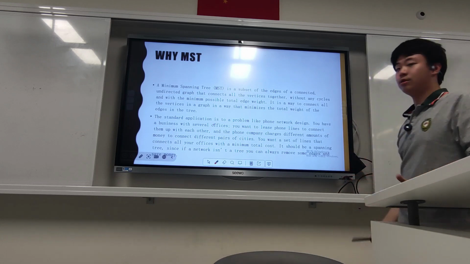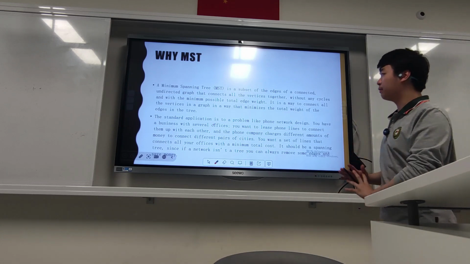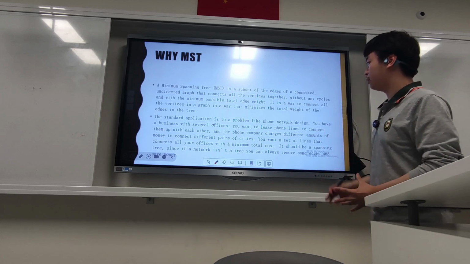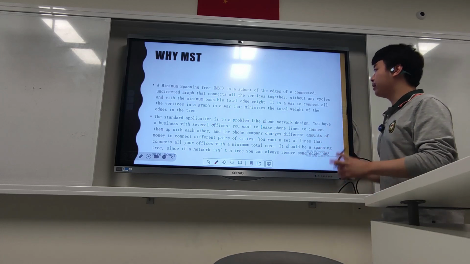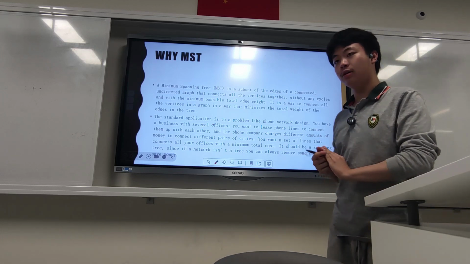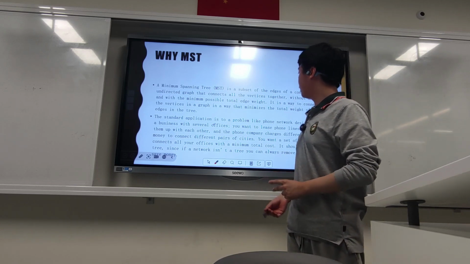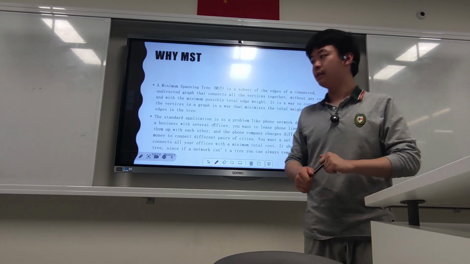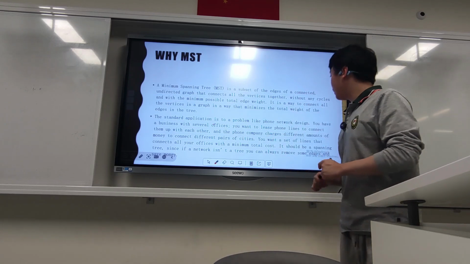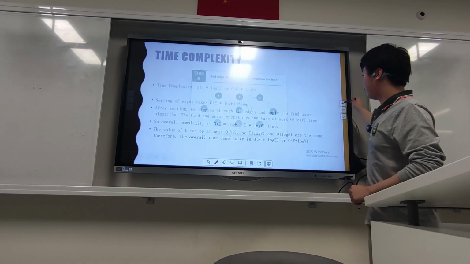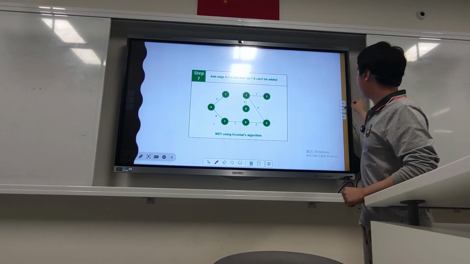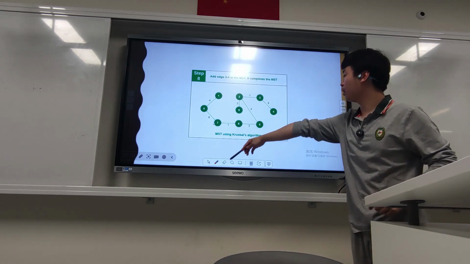There's actually another kind of algorithm to create a minimum spanning tree that is called Prim's algorithm. We'll talk about this algorithm in our next activity. Today you just need to make sure that you understand this part.